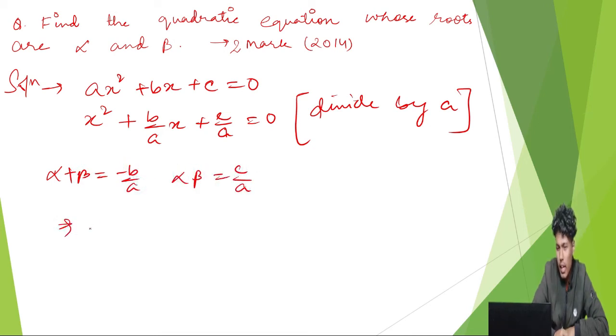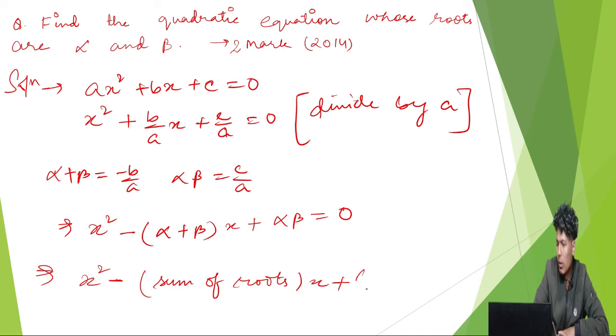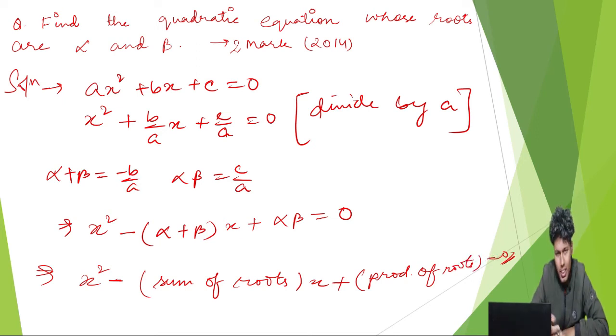So we can write x square minus alpha plus beta x plus alpha into beta is equal to 0. We can write it like this also. In your textbook it is written: x square minus sum of roots x plus product of roots is equal to 0. That's all. Now the next question.